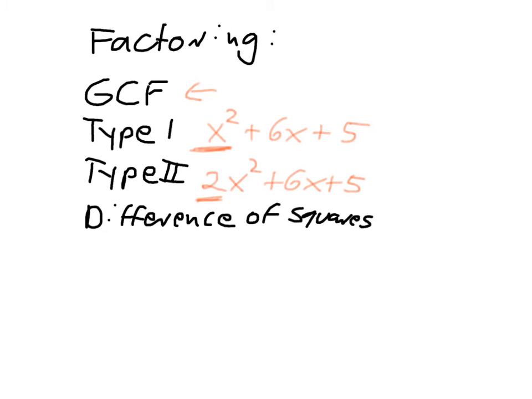And difference of squares was when you have two terms, something like x squared minus 25. Both terms are square pieces. x squared is the square of x, and 25 is the square of 5. And they have to be connected with a negative.